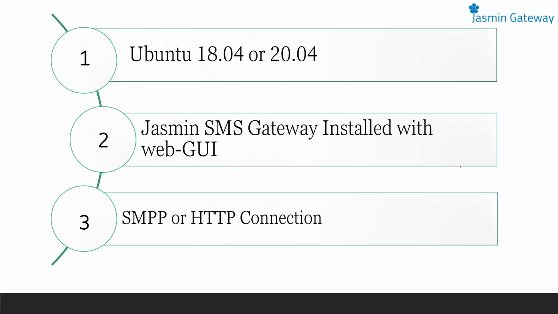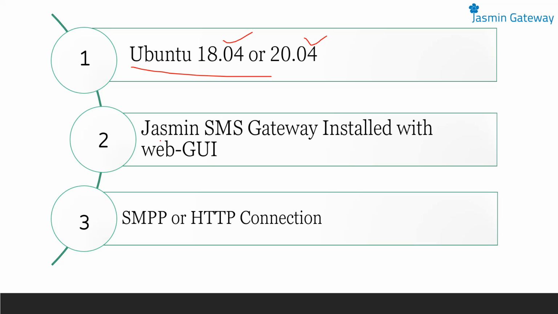Now, we need these three things in order to get Jasmin SMS Gateway fully functional. First of all, we need one Ubuntu 18.04 or 20.04 Linux box. You can also use CentOS.